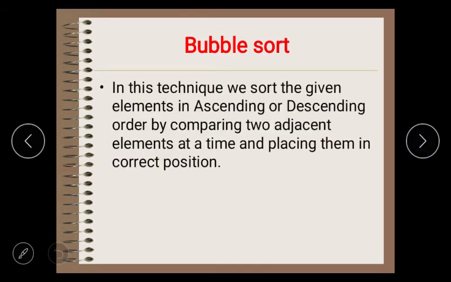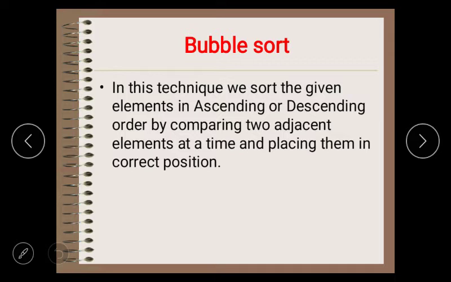In this technique we sort the given elements either in ascending or descending order by comparing two adjacent elements at a time and placing them in the correct position. While doing this process, we need to take the lowest index element and compare whether it is greater than the next higher index element.